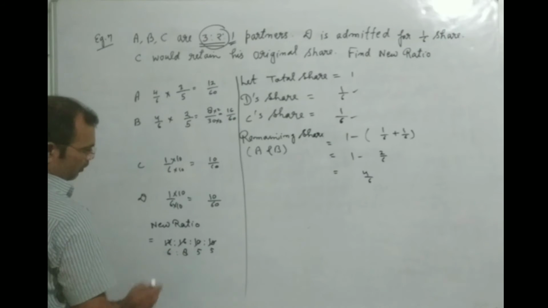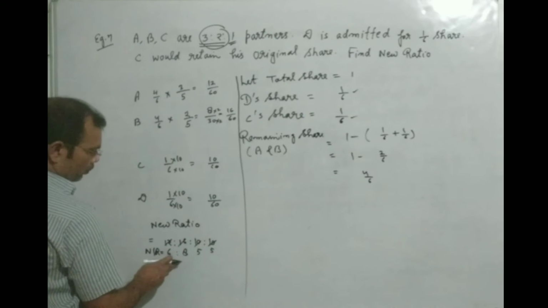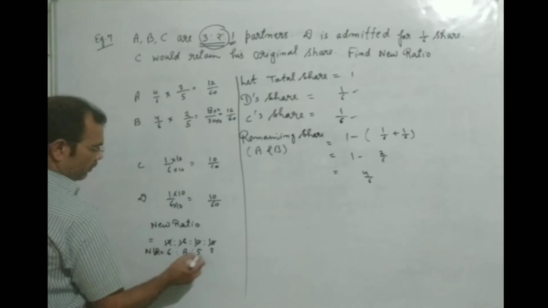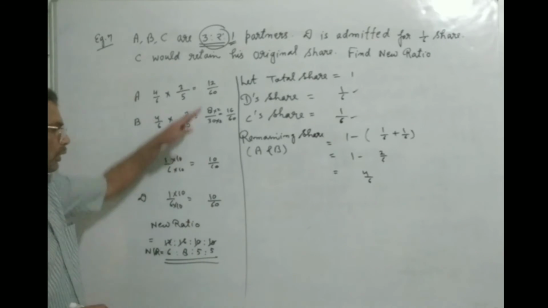In this way we will solve. Now the new ratio will be 6:8:5:5. This will be the new ratio.